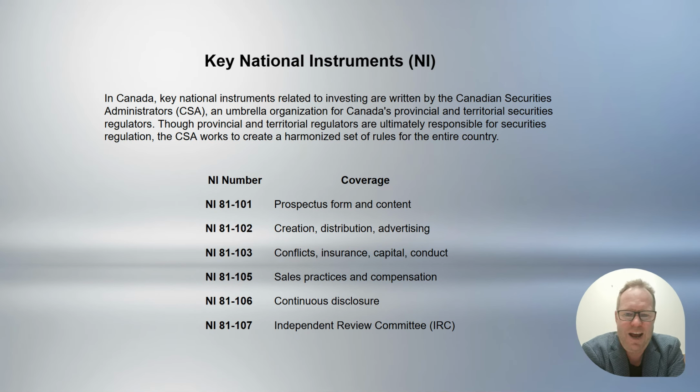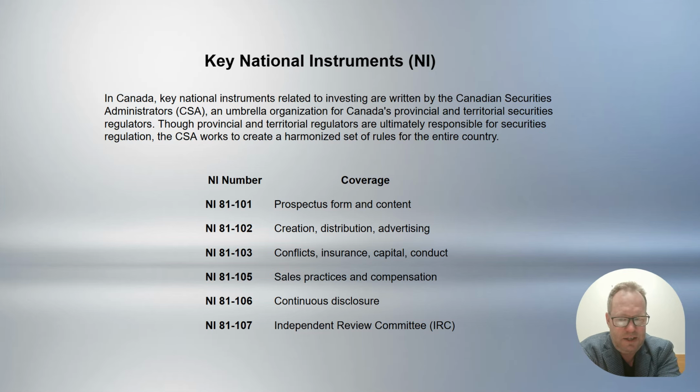So again, NIs or national instruments. In Canada, key national instruments related to investors are written by the Canadian Securities Administrators, or the CSA. On the last screen, we talked about how there were provincial regulators and then there were self-regulatory organizations. There is also an umbrella group called the Canadian Securities Administrators.